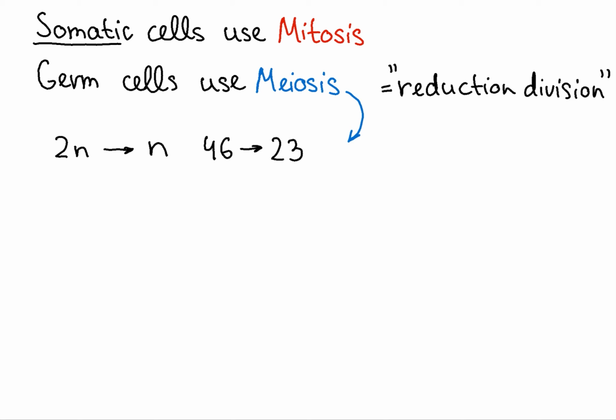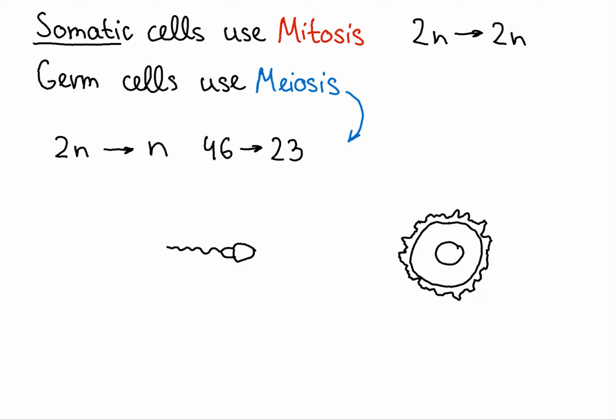That is why they divide using mitosis that doesn't affect the number of chromosomes. However, a sperm or an egg cell needs to be produced once to serve its purpose, which is to merge with another germ cell to eventually produce another diploid organism.